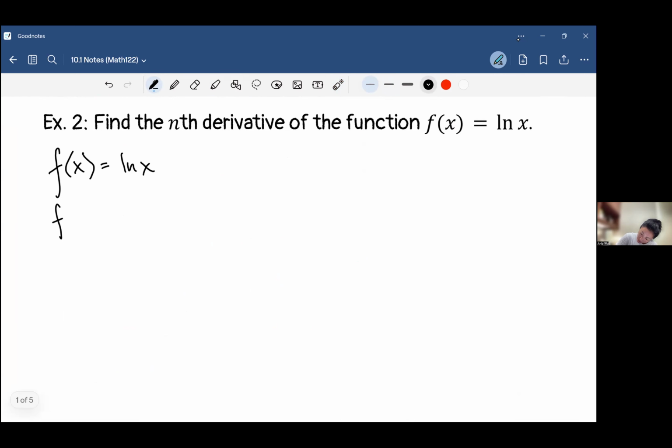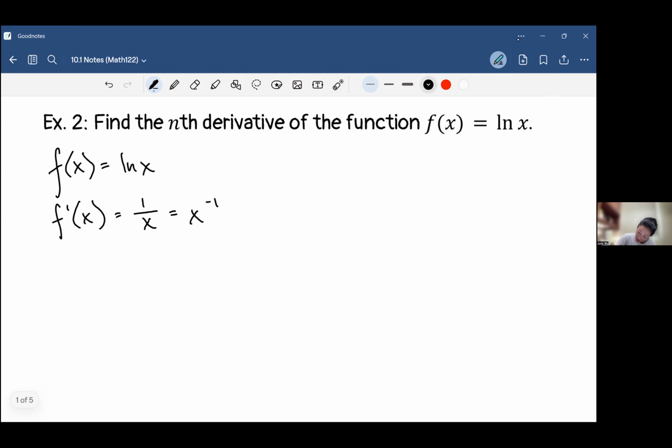Now, f prime of x is 1 over x. But we also know we can write that as x to the -1, okay? The reason why I might want to write it as x to the -1 is because I'm going to keep finding derivatives.